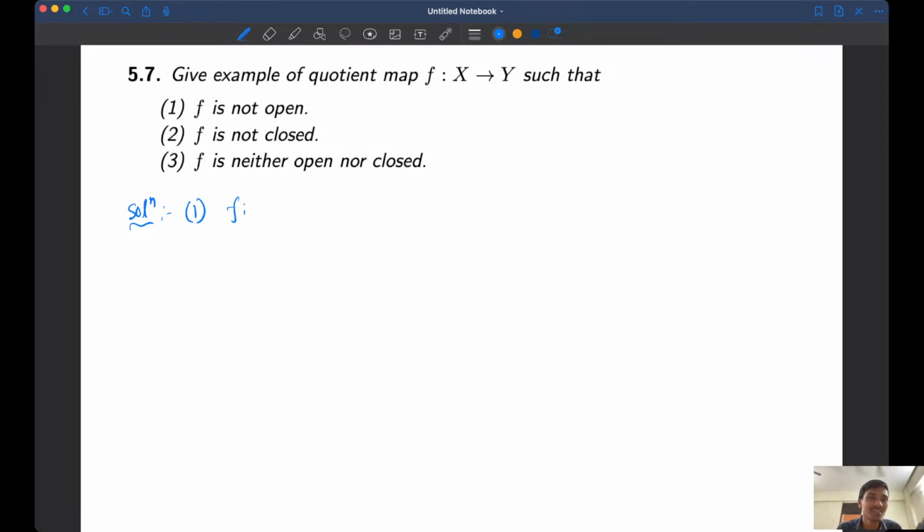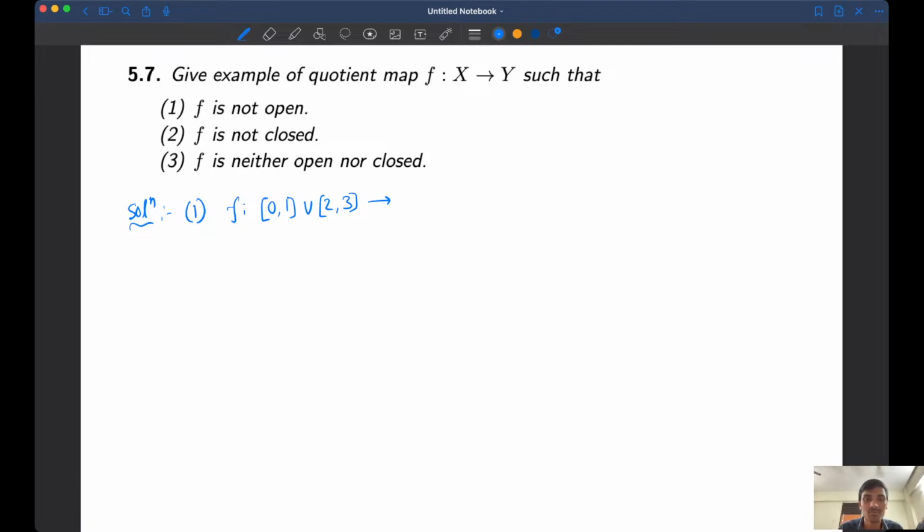The idea is you take x where you have an open set that gets mapped to a closed set. On the real line, the natural thing is the induced topology on the disjoint union of two intervals, 0 1 and 2 3, and you just shift the 2 3 interval to 1 2.